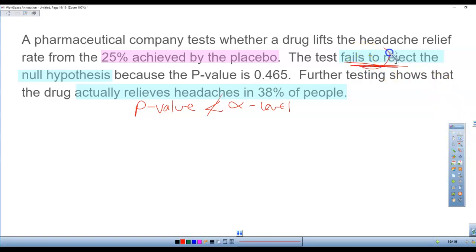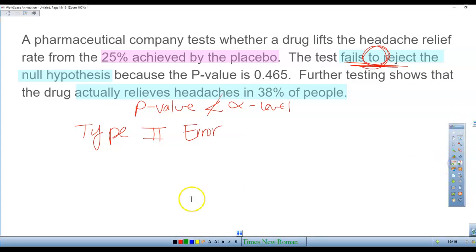So this fail to reject tells you that this is a type 2 error, because they failed to reject the null hypothesis, which they should have rejected so they could have accepted the alternative. And it turns out that this drug did relieve headaches in 38% of people.